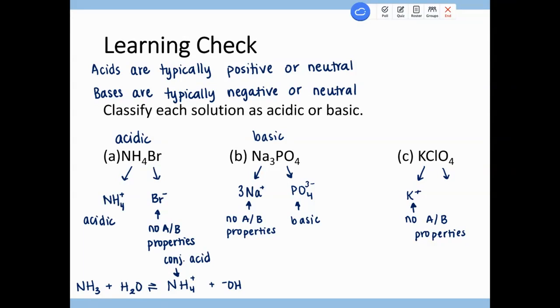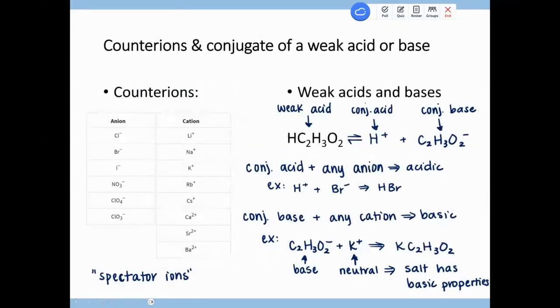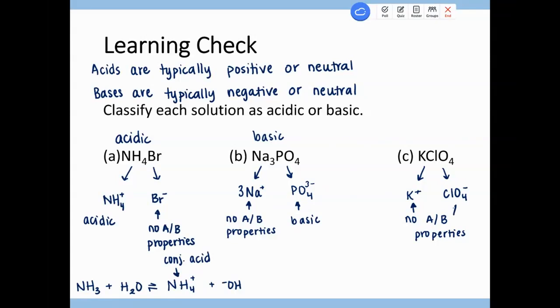And then ClO4- is the anion of a strong acid. So if we look back to the chart, ClO4- is one of these counter ions that's considered a spectator ion that doesn't have acid-base properties. So that salt, this ionic compound, is neither acidic or basic. It would be neutral. It would not influence the acidity of solution.